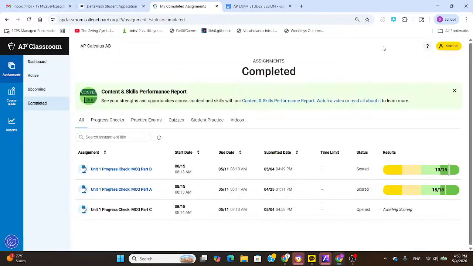Skip through. Awaiting scoring. Hopefully I did good. I'm good at guessing though. So we'll see what I got. We're still waiting. A refresh.